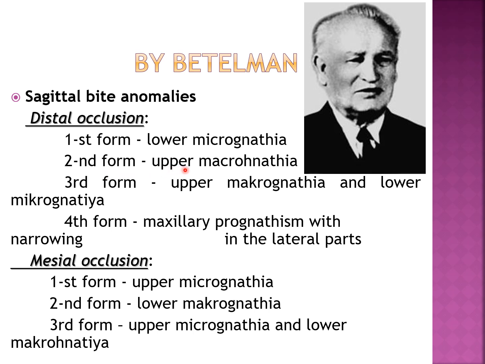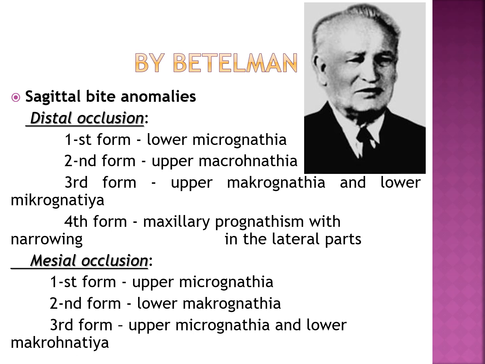Second form, upper macrognathia. Third form, upper macrognathia and lower micrognathia. And fourth form, maxillary prognathism with narrowing in the lateral parts. And mesial occlusion, he divided into 3 forms. First, upper micrognathia. Second, lower macrognathia. And third form, upper micrognathia and lower macrognathia.